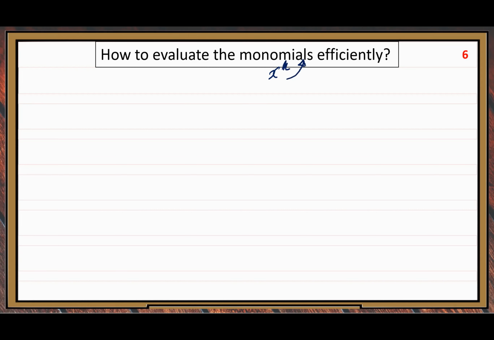If we want to find the value of a monomial given x and k, that is, calculate x to the power of k, do you have some better idea to use fewer multiplications to do it?